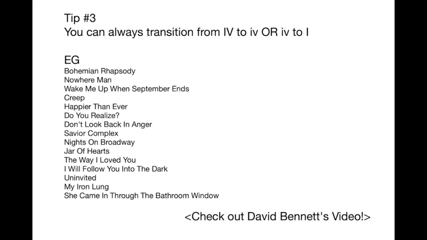Sometimes people just use all capitals for the Roman numerals, and often they'll have capitals to indicate major and lowercase to indicate minor. So what I've written there is you can always transition from 4 major to 4 minor, or from 4 minor to 1.